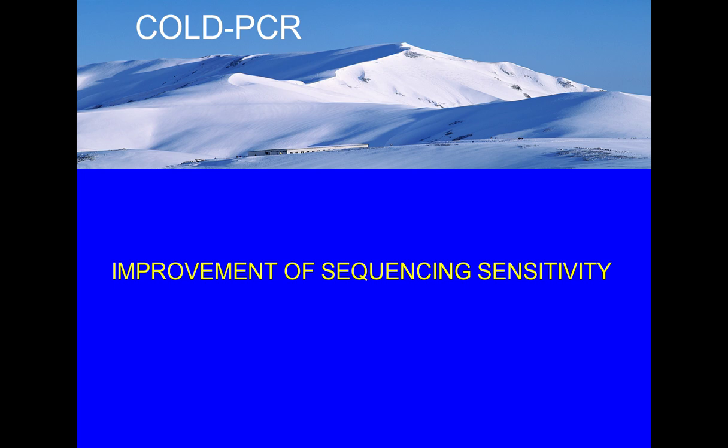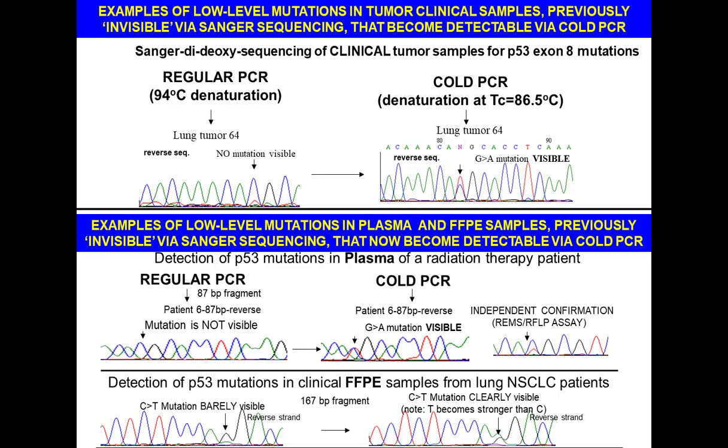So let's look at some examples. Improvement of sequencing sensitivity. So this is some results from the original publication where we have a mutation in p53, and on the left side you see if you perform regular PCR followed by Sanger sequencing, the mutation is hardly visible.